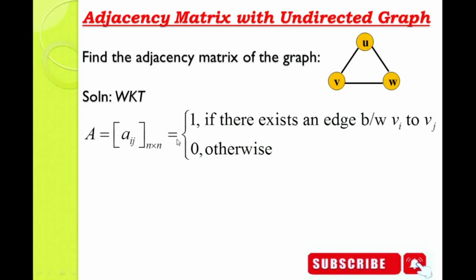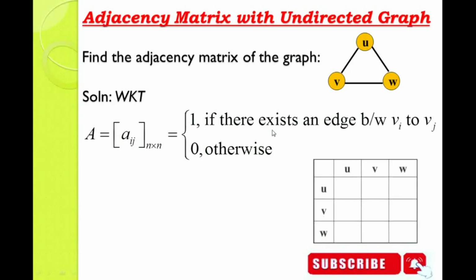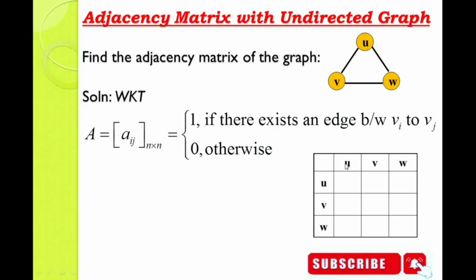Now we find the adjacency matrix from the given graph. So we consider both rows and columns as the vertices U, V, W. How to assign the value 1 or 0 from the given graph?